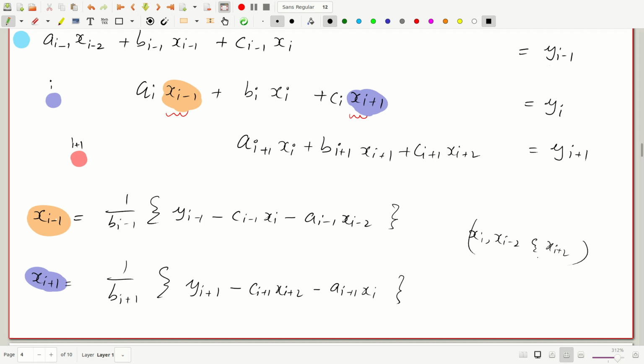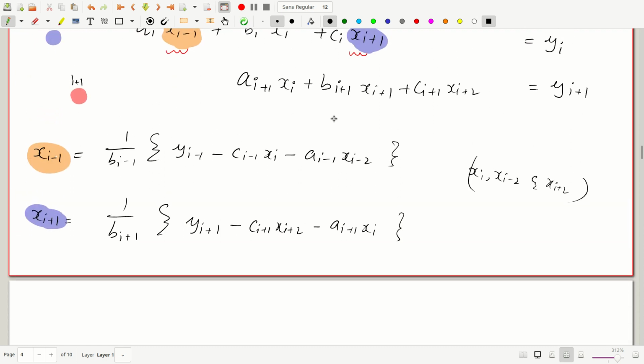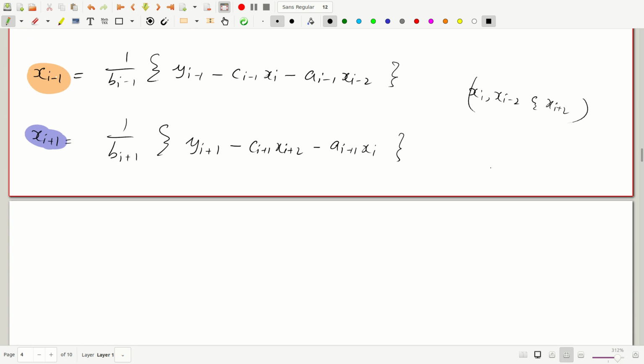That means if I substitute this into the ith equation and rearrange this, so I'm kind of skipping some algebra here, because you have to also put this y_{i-1} and y_{i+1} to the right hand side. So I'm now defining with a superscript, the resulting equation after substituting x_{i-1} and x_{i+1} into the ith equation, okay?